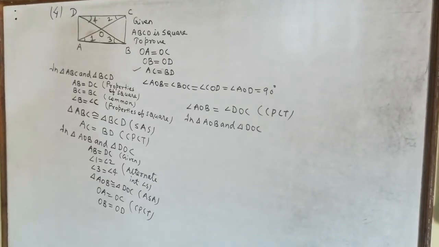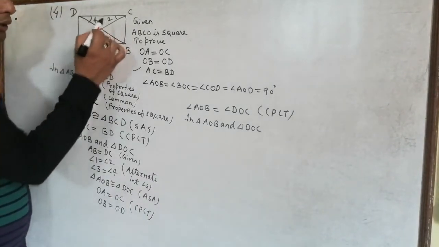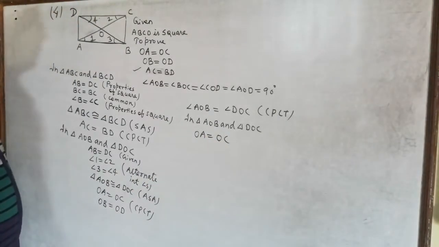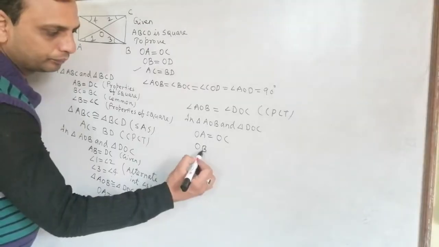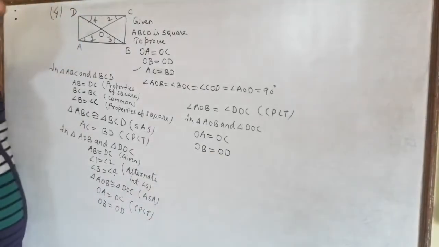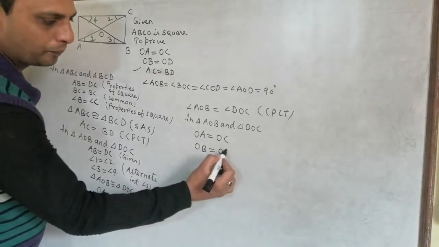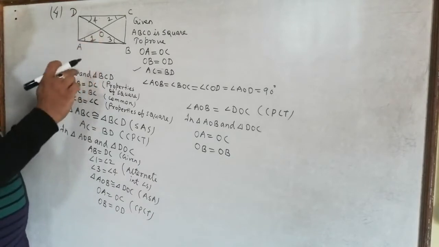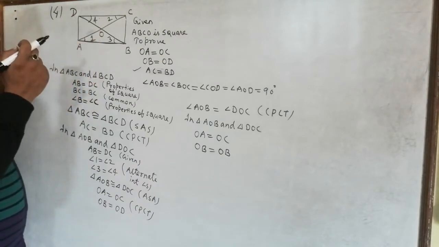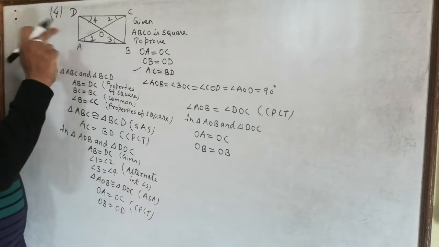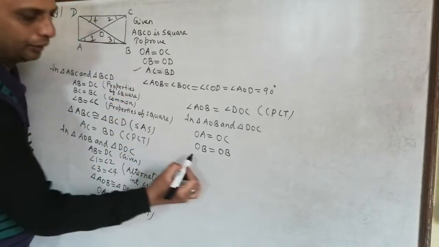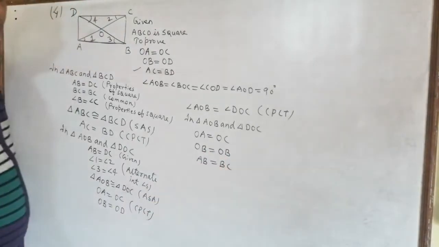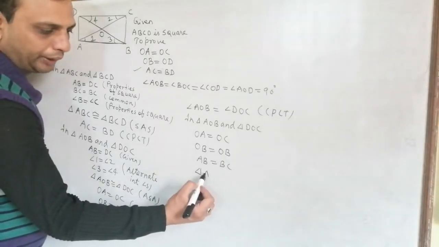You can see here AO is equal to OC, which we just proved, and OB is common. AB is equal to BC, because the sides of the square are equal. So this makes the triangles congruent.